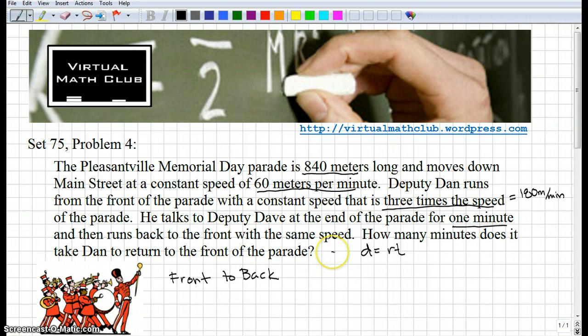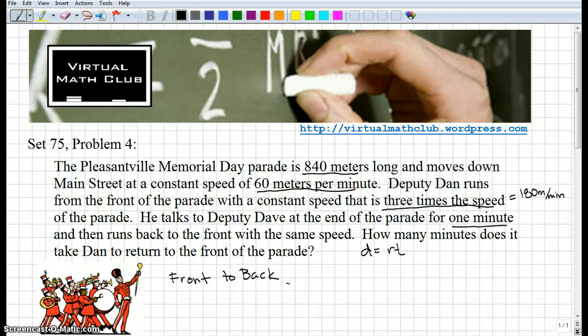The Earth is turning on its axis, and it's going around the sun, so it's not necessarily stationary, right? So we can actually change our frame of reference to be the parade itself, and we can measure the speed relative to the parade instead of the speed relative to the ground.